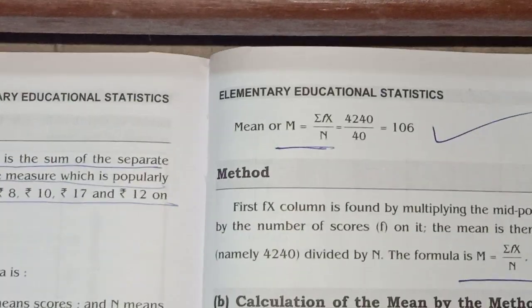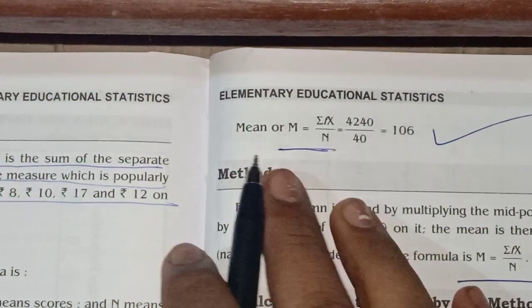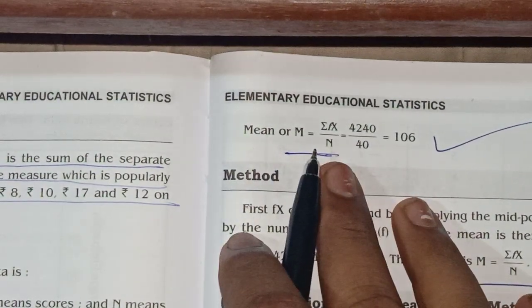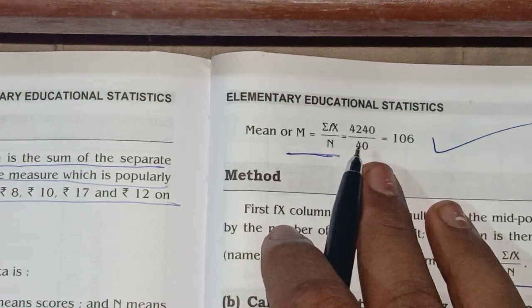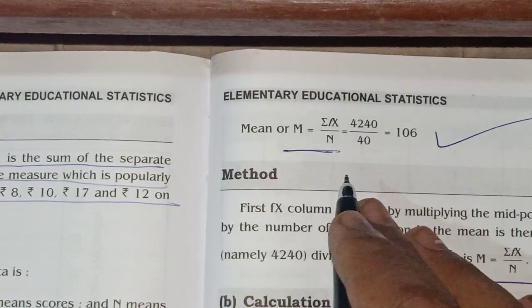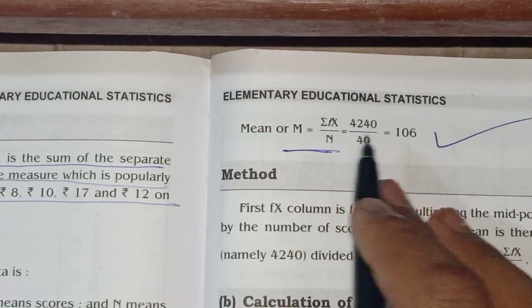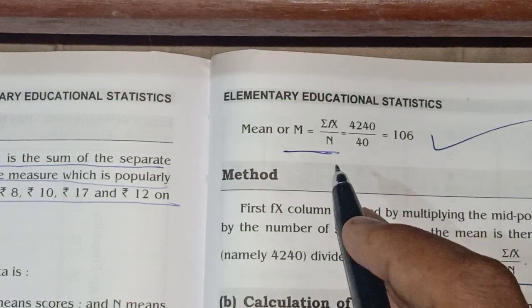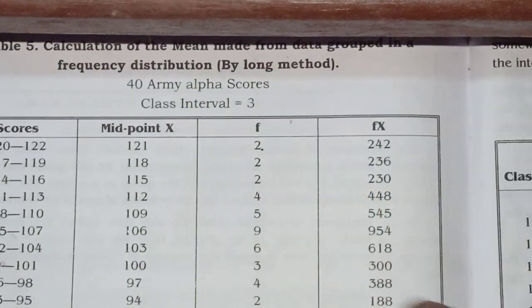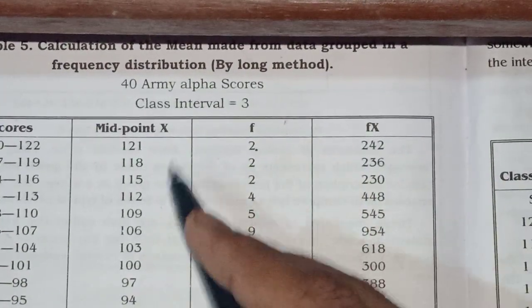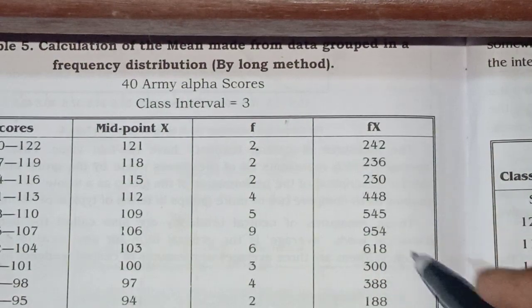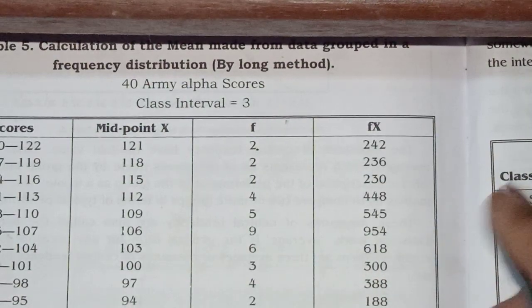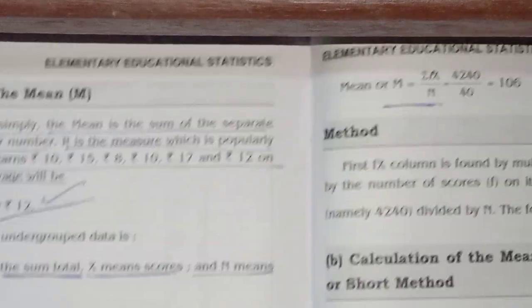And the formula will be mean, or M, or you can call it average, is the sum total of fx by N. fx is the score into frequency, and the sum total of score into frequency is called fx.